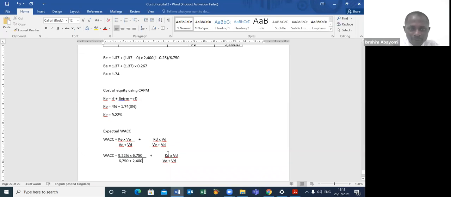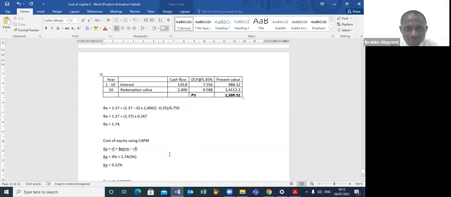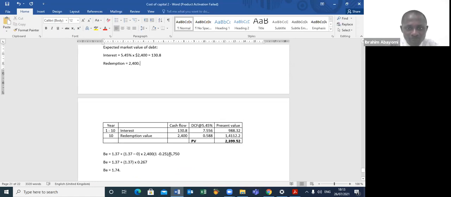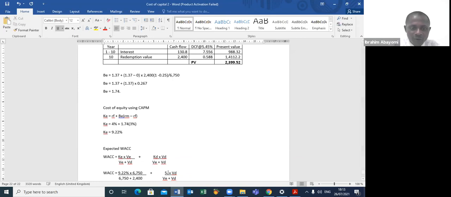Cost of debt, which is 5.45%, times market value of debt, 2,400, then all over the same 6,750 plus 2,400.